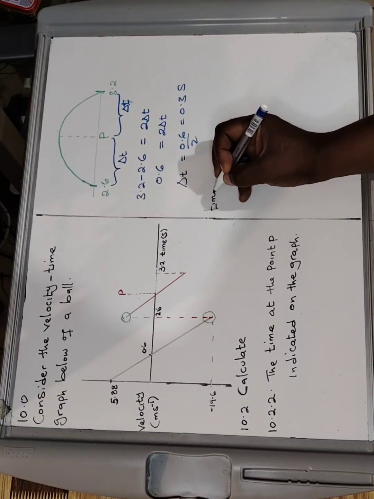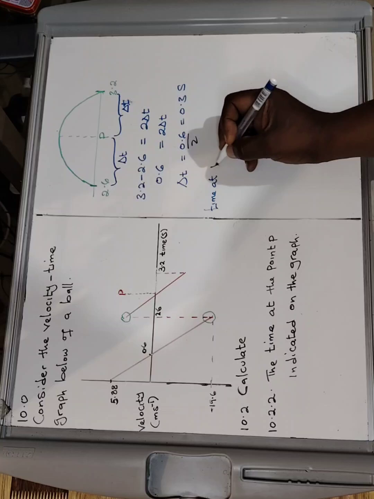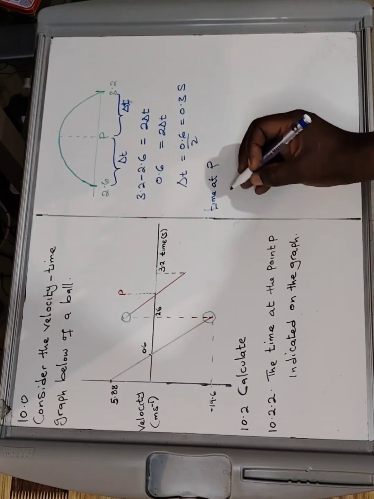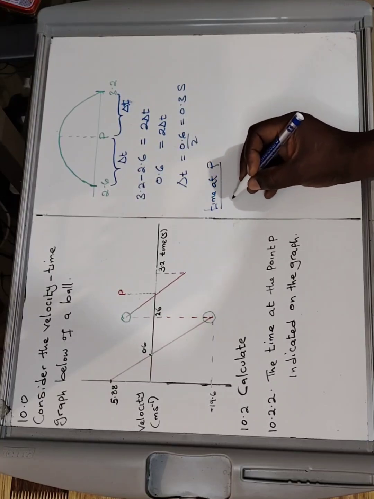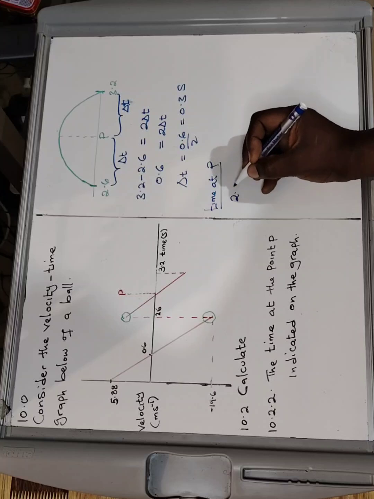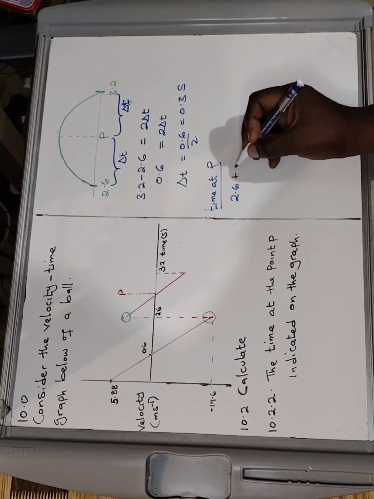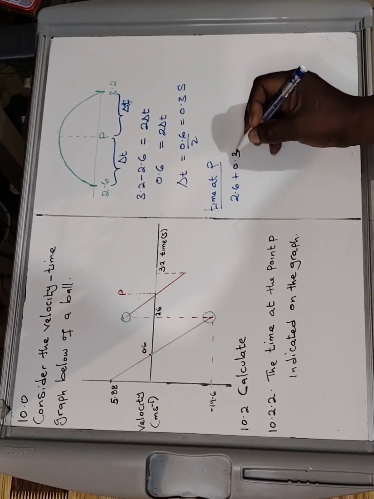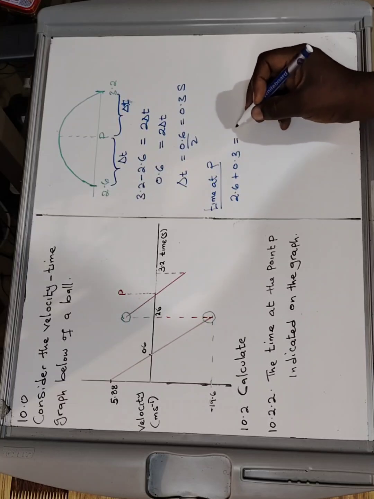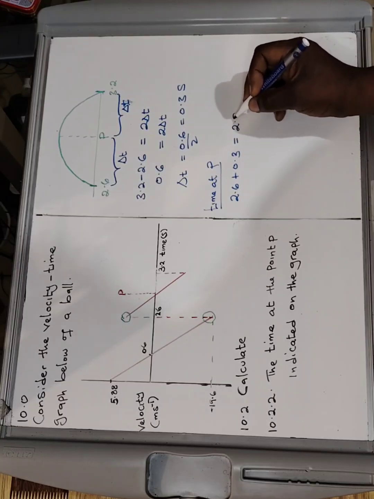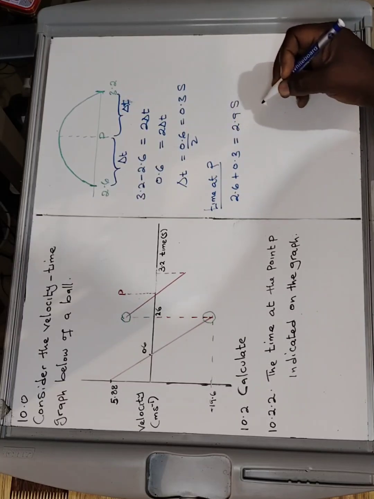Time at P is given by 2.6 plus 0.3, giving you what? 2.9 seconds.